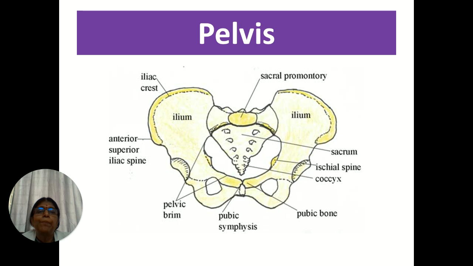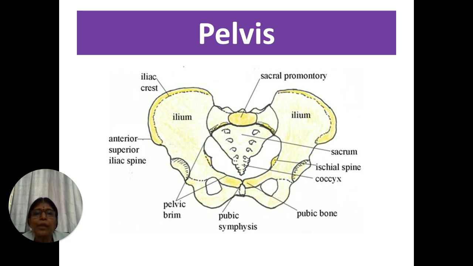If you look at the boundary of the inlet, anteriorly it starts from the symphysis pubis, the pubic crest, the pubic tubercle, the iliopectineal eminence, the iliopectineal line, the upper border of the ala of the sacrum, and the sacral promontory.